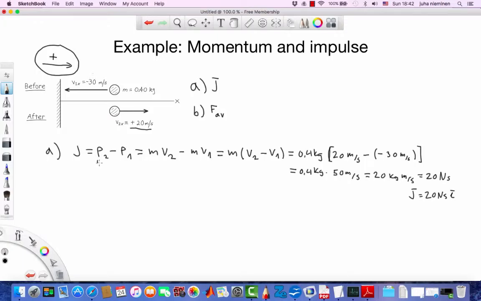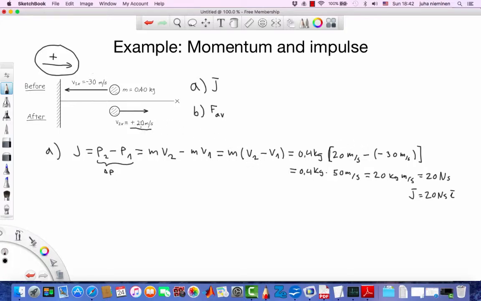Secondly, when we are calculating the impulse, it's the change in momentum, and change is always the final value minus the initial value. If you flip them around, you'll get a wrong answer. And third, when we are plugging in the values of velocity, V2 and V1, we have to be very careful with the signs.